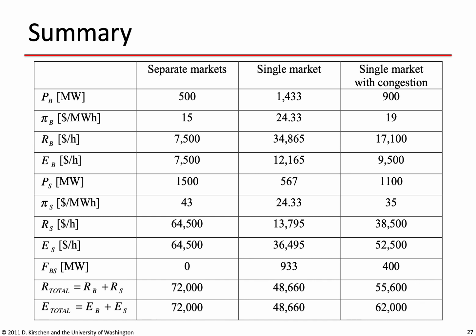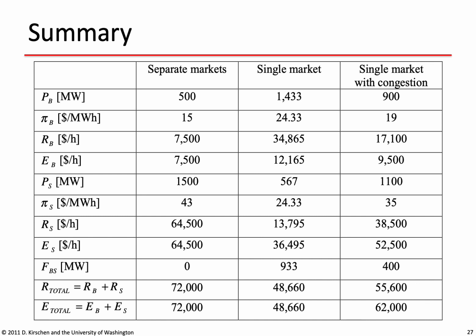So their revenue is higher than in the case of the separate markets, but lower than the case of the single market. The Bordurian consumers pay 9,500, which is 19, the price in Borduria, times load in Borduria, which is still 500. This is higher than in the case of separate markets, but lower than in the case of the single market without congestion.